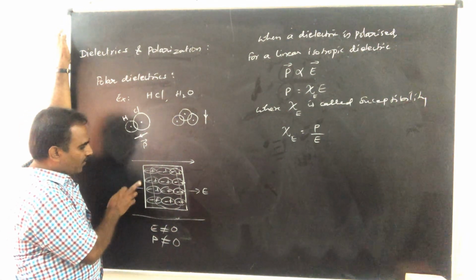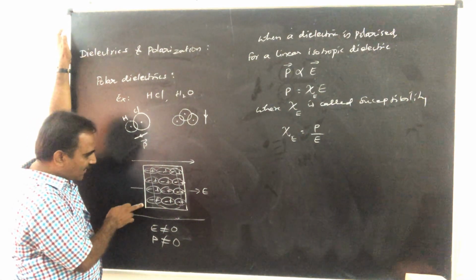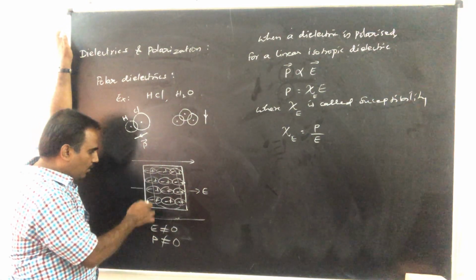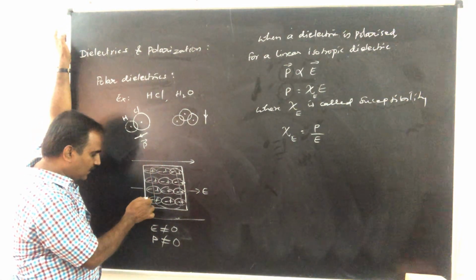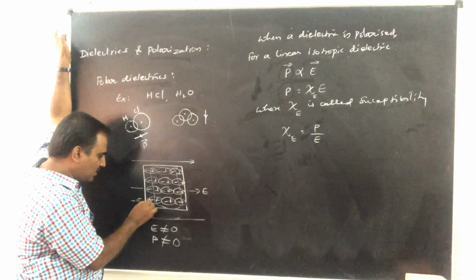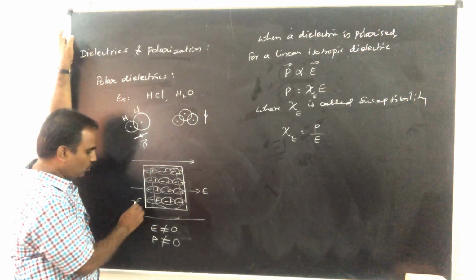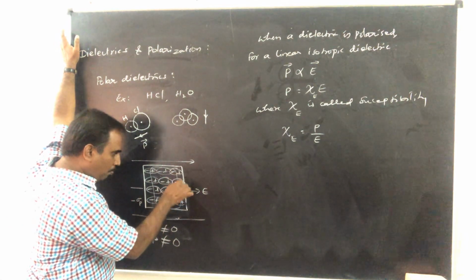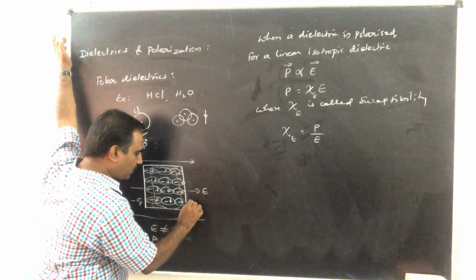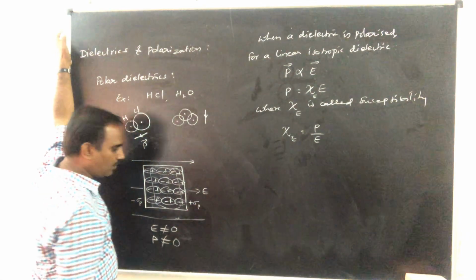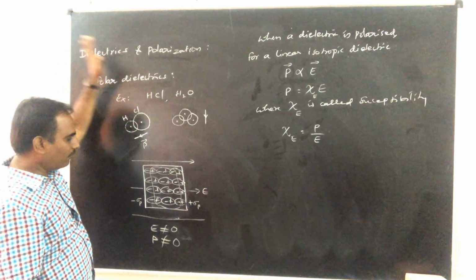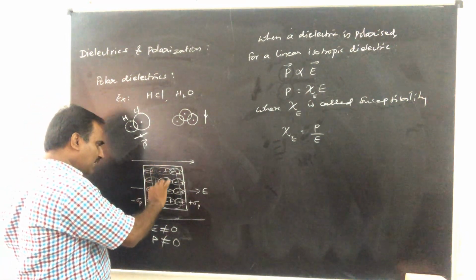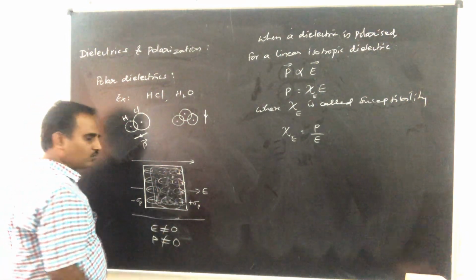and there will be some bound negative charge on this side, and also a bound positive charge on this side. Because of this bound negative charge on this side, there is a negative surface charge density here, minus sigma P, due to polarization, and due to this bound positive charge, there is a positive surface charge density, sigma P. So whenever a dielectric is polarized, the charge on this entire region becomes almost 0.